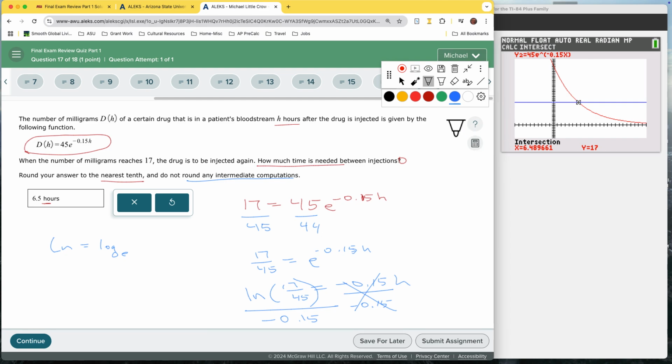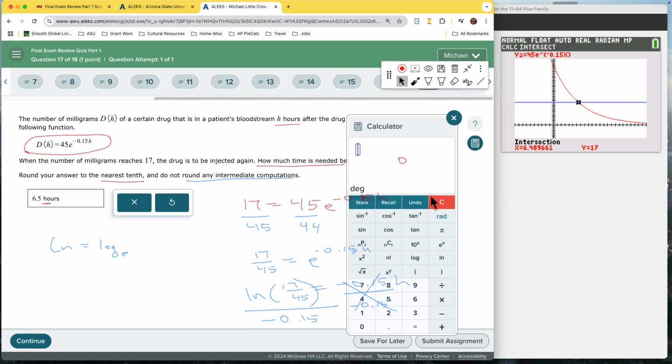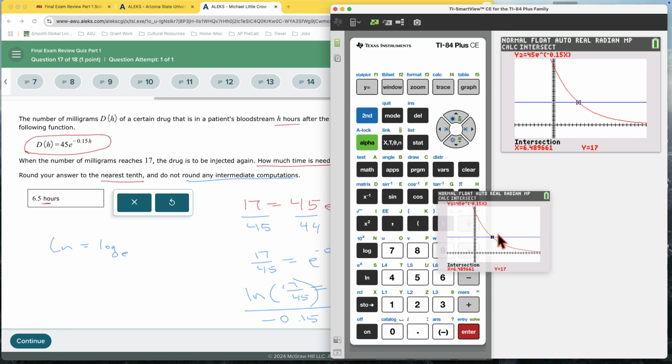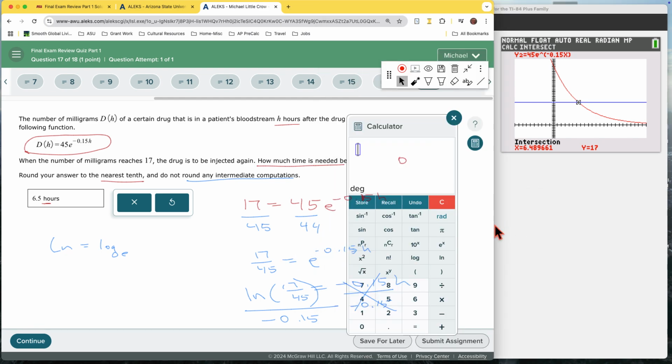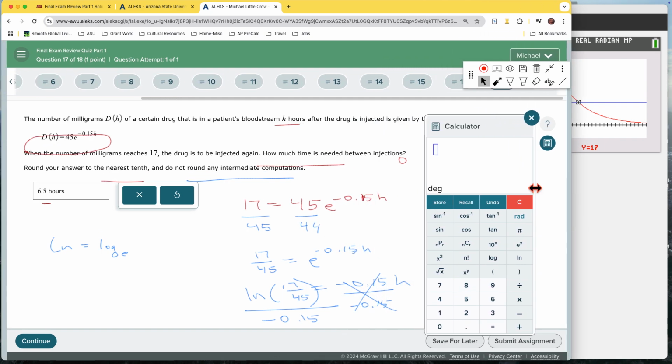We do have a calculator given to us here, so let's pull that up for the time being. Again, if you had a graphing calculator, you probably have already used it. Let me get some room here.